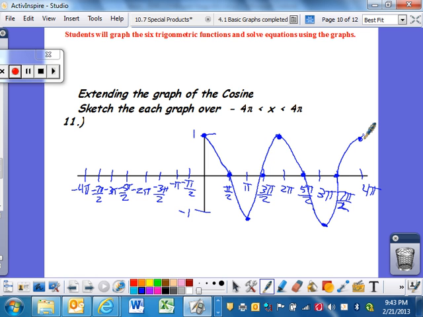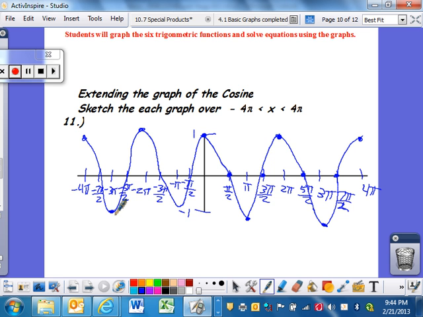Now is it going to change for our negatives? Is anything going to change? Just as we looked before, when we did it on our graphing calculators, we can say that it just repeats. It's a wave function and it repeats. We have our period, so we can just follow the same exact pattern.